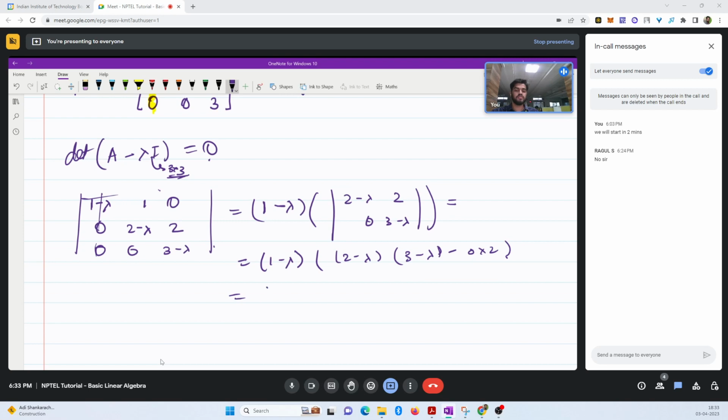So this factors very well as (1 minus lambda)(2 minus lambda)(3 minus lambda). We want to equate this to 0. So what are the values of lambda that we get? We get 1, 2, 3. So these are our eigenvalues.